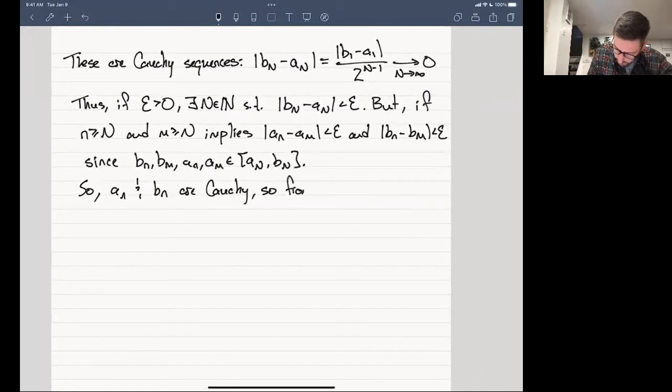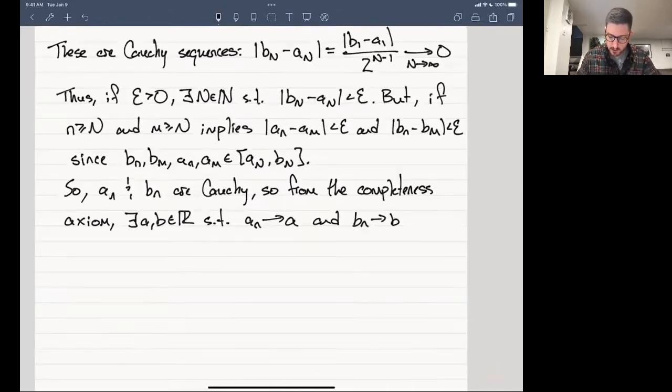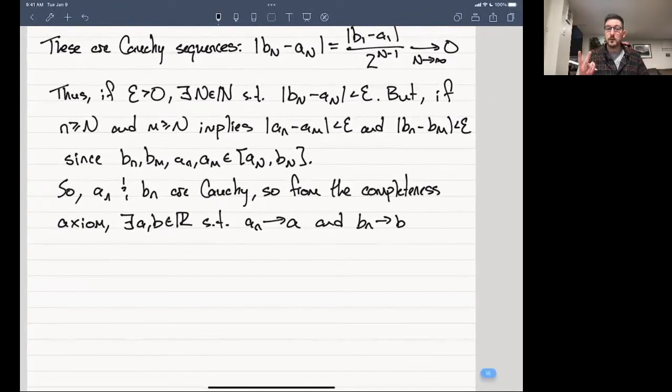So from the completeness axiom, there exists A and B, real numbers, such that AN converges to A and BN converges to B, right? And this just comes from the fact that we identified a Cauchy sequence of real numbers. Actually, we identified 2, AN and BN. And the completeness axiom says that all Cauchy sequences in the real numbers have to have a limit. Okay.